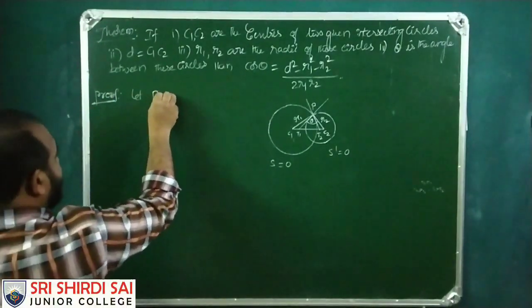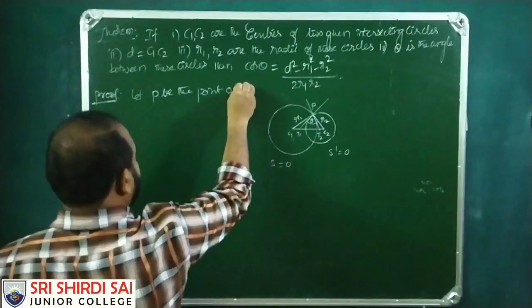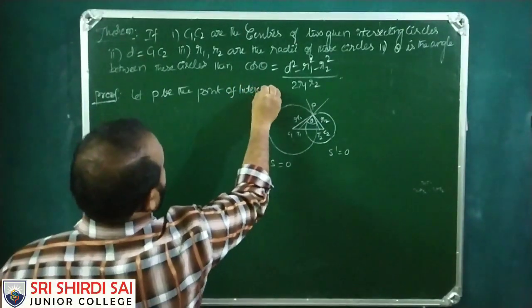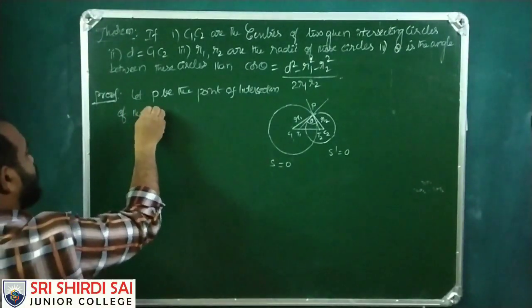So the proof is: let P be the point of intersection of these two circles.